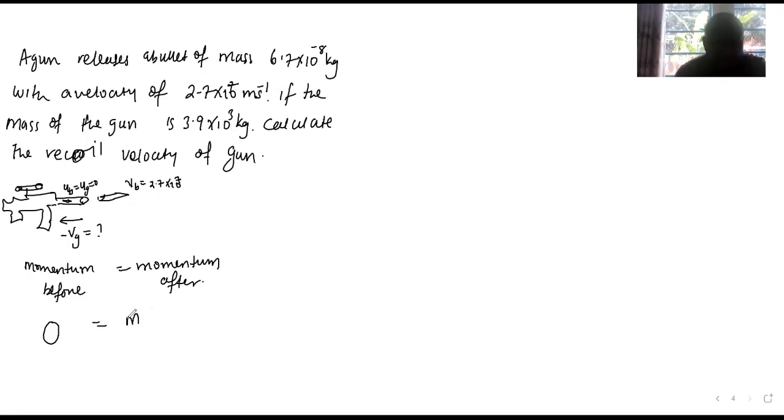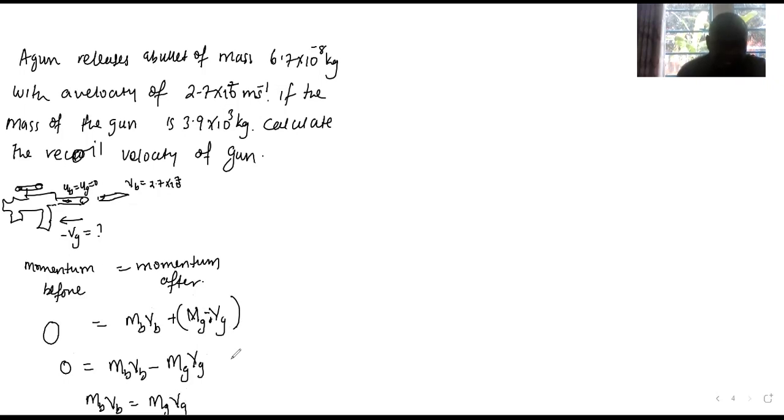Momentum after is the mass of the bullet times the final velocity of the bullet, plus the momentum of the gun, which is mass of the gun times velocity of the gun. But the velocity of the gun is negative. So we shall have 0 is equal to mb vb minus mg vg. This confirms that mass of the bullet times velocity of the bullet is equal to mass of the gun times the velocity of the gun.